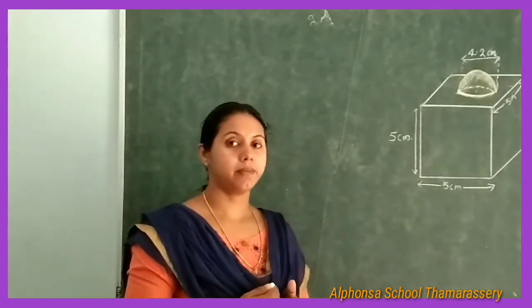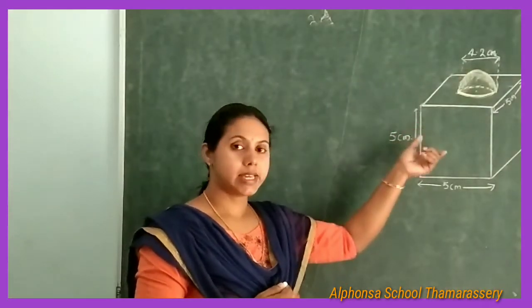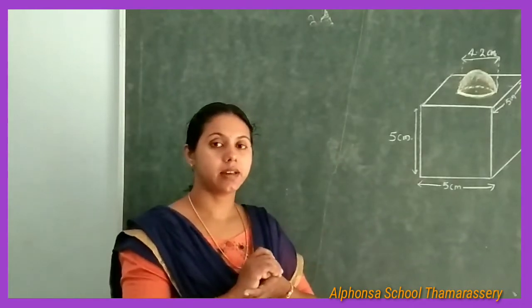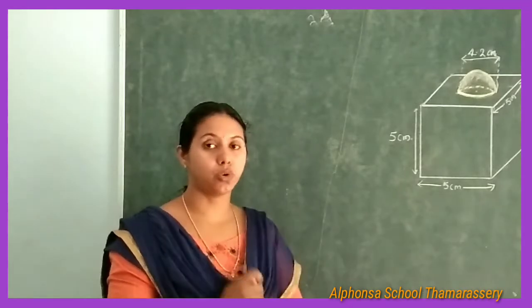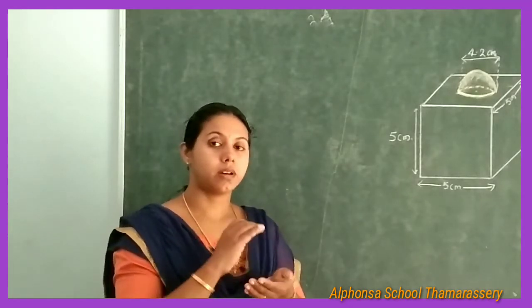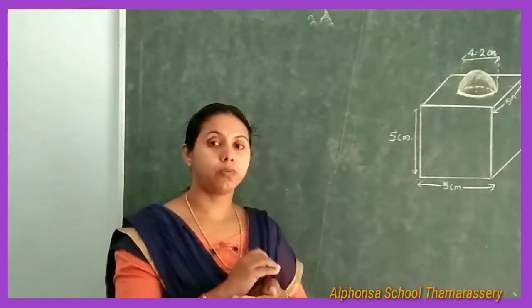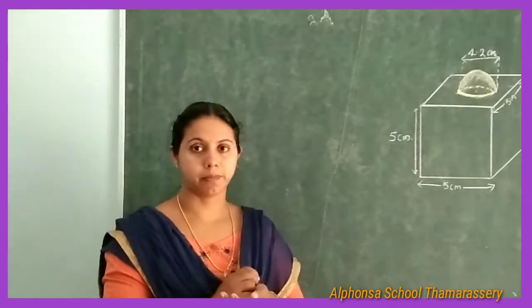In this question, you can see that a hemisphere is attached to one face of the cube. It's a solid cube. So one face of this cube, a hemisphere is fixed.